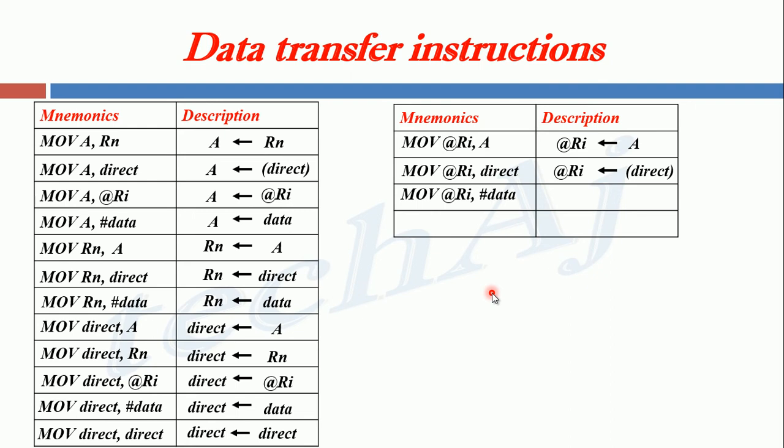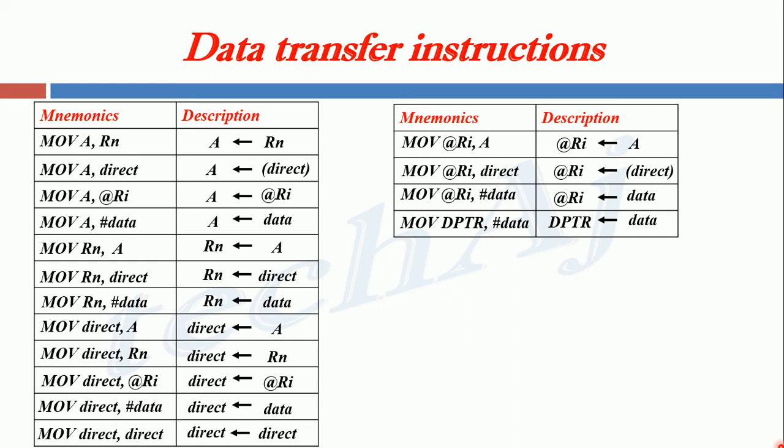Next instruction MOV @Ri, #data, where immediate data is copied into the address location pointed by the register pointer. And the last move instruction is MOV DPTR, #data, where immediate data is copied into the DPTR register, where this data is 16-bit data, as our DPTR register is a 16-bit register.